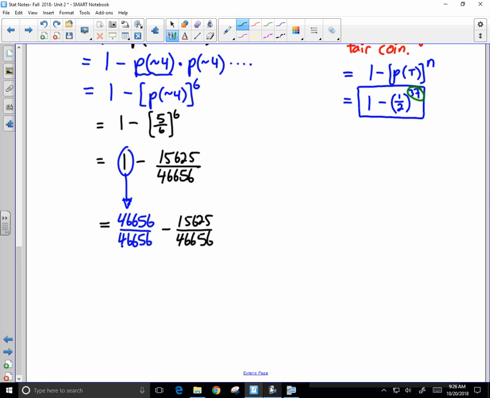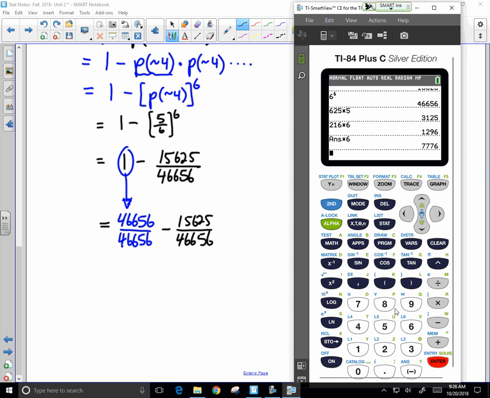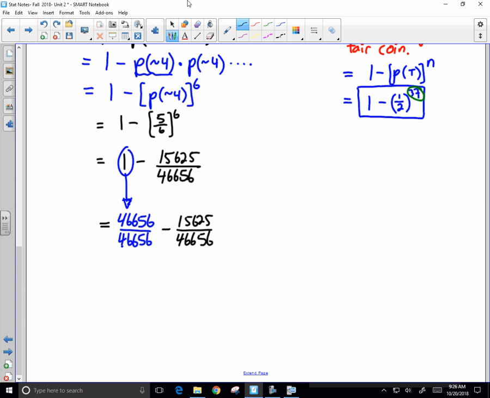And then subtract. So 46,656 minus 15,625. 31,031 is the numerator.